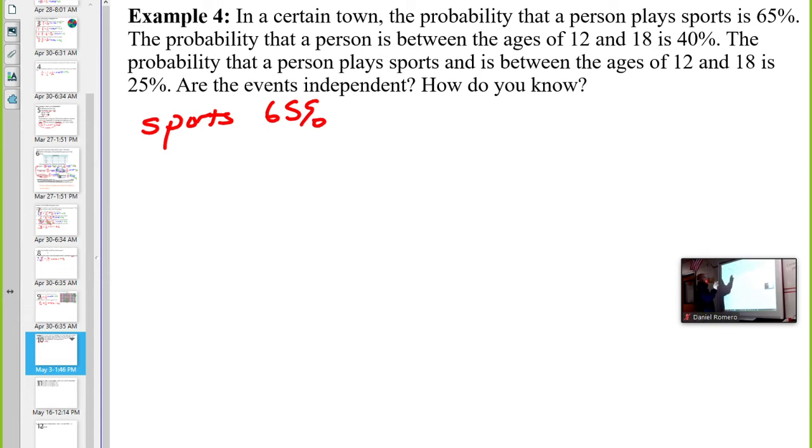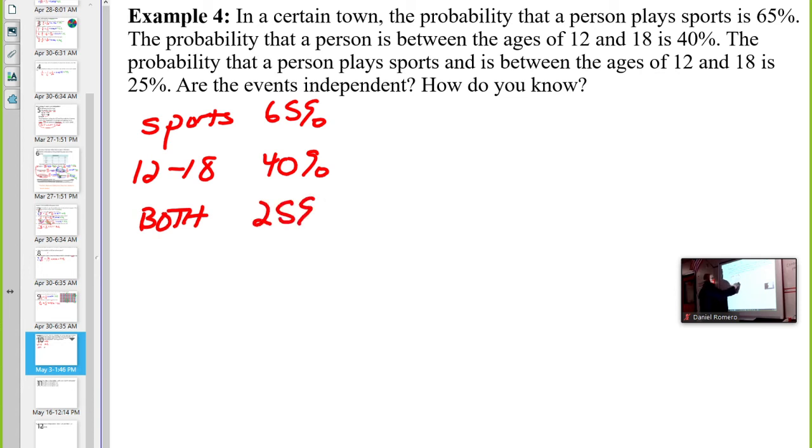The probability that they're between ages 12 to 18 is 40%. The probability that a person plays sports and is between the ages of both, so the intersection, let's just say both, just to save space, is 25%. Are the events independent, and how would you know?